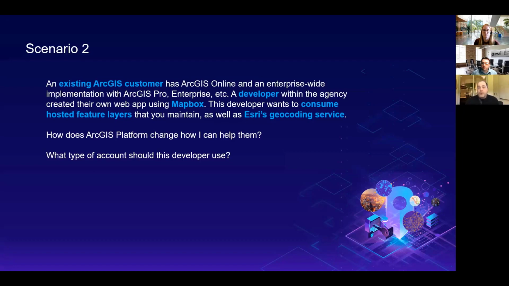Now we have another option: you can keep that application, especially if it's in production and working very well and the users like it. And now we have documentation and we have samples and support for it. And also the API key approach that Alex talked about before, where you can consume a la carte Esri location services and also ArcGIS feature layers, tile layers within a different front end, like a Leaflet or a Mapbox, and use those a la carte.